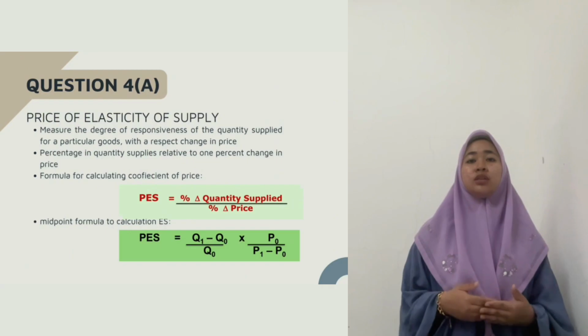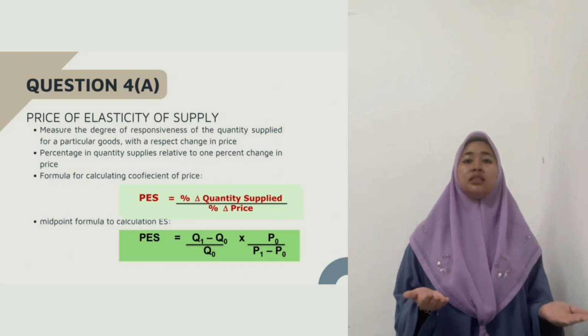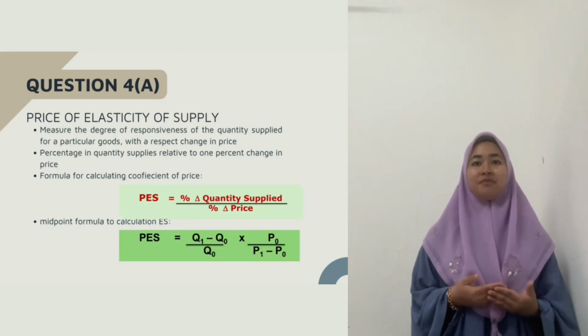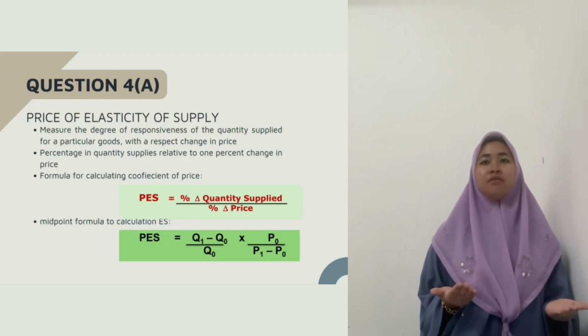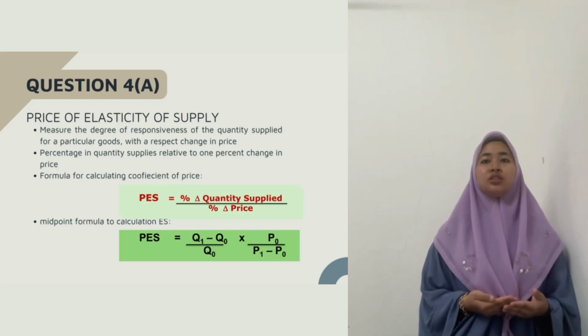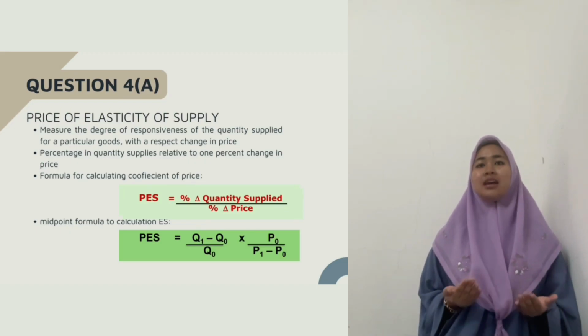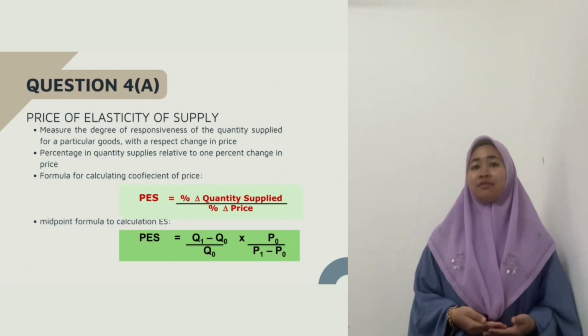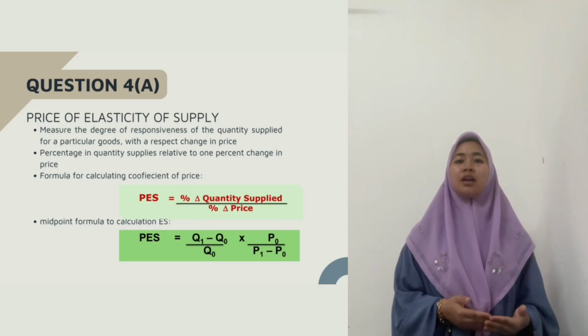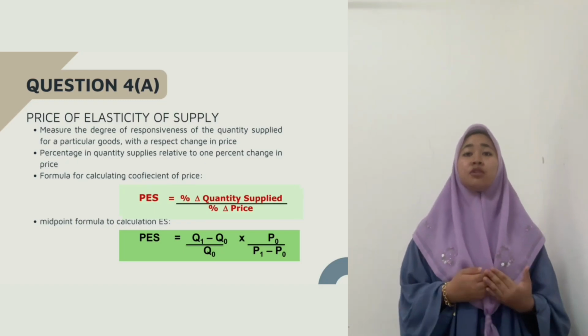The difference between the two formulas is that the average percentage change in price and quantity supplied is used instead of the simple percentage change in price and quantity supplied. Don't worry, the midpoint formula and coefficient formula will generate the same result.